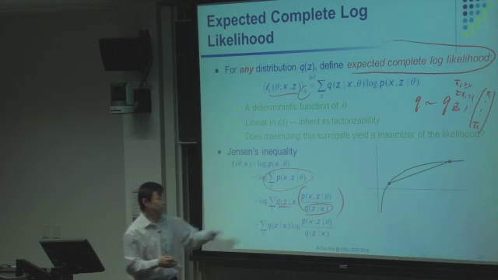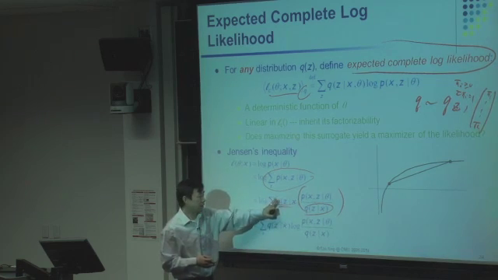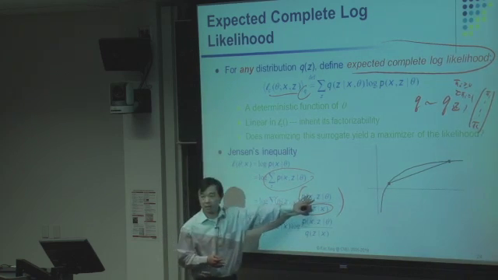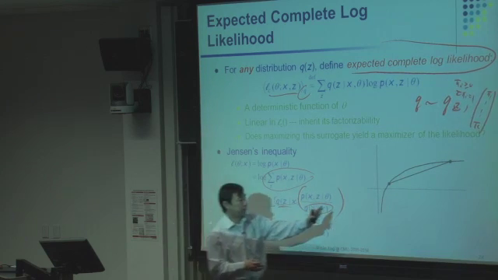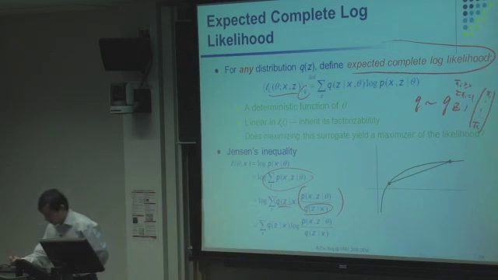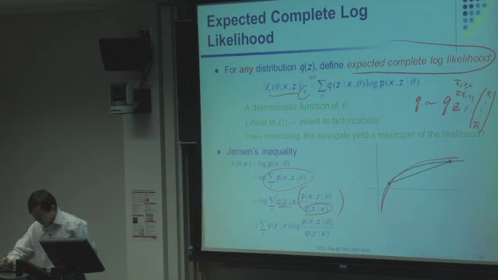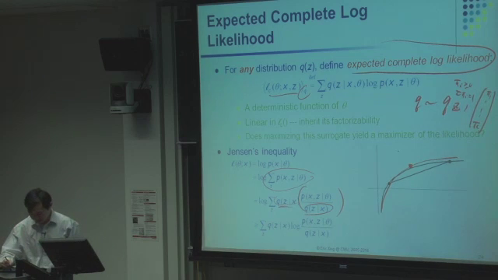What you can see now is that inside the log, there is a convex combination of the second term. And this is basically the shape of that log function. Any point in here is basically a convex combination of some function.